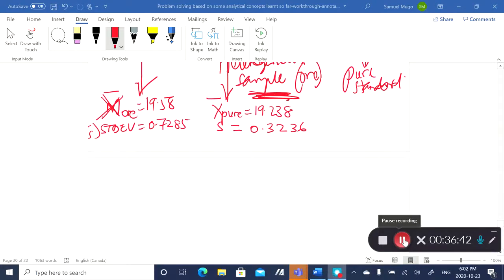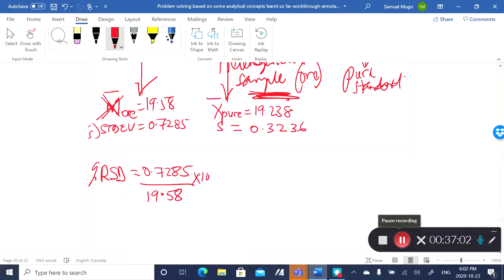It is best to work with relative standard deviation. So calculate the percent relative standard deviation, which is the absolute standard deviation divided by the mean, 19.58, times 100.